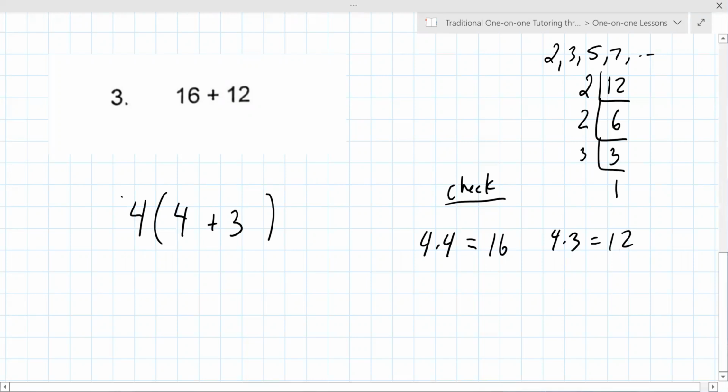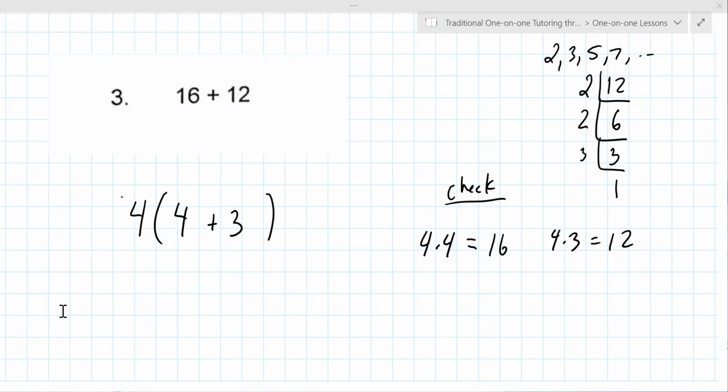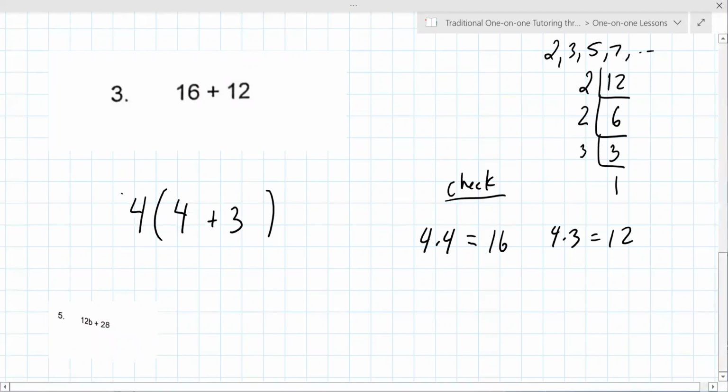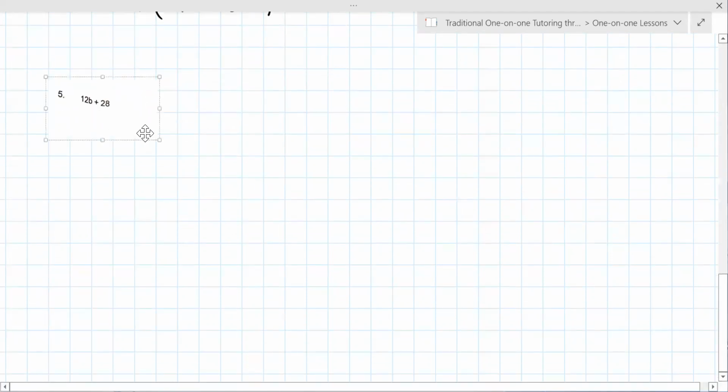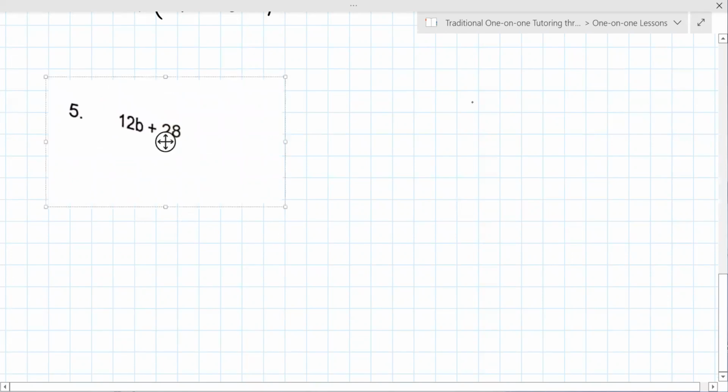Okay, we should move on to 5 now. And it's actually not much different, it's really not any different. There's a letter which maybe makes it seem like this is different, but you're going to do the same thing with your factor ladders for the numbers. So you still come off and do a factor ladder for 12, which you've already done, and then one for 28.